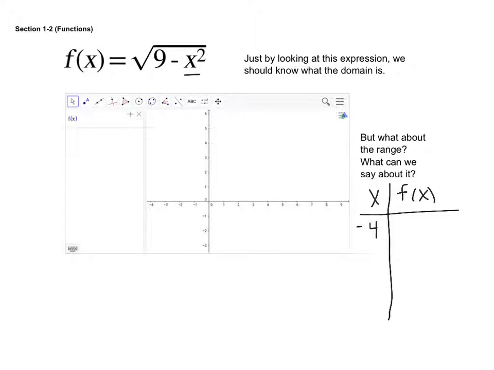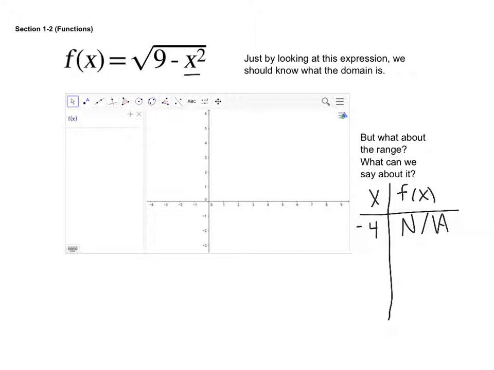So I'm taking 9 and I'm subtracting a positive 16, and that means I get a negative 7. And then the square root of negative 7 is not something I can do. So I am going to not include that in my graph. So the value of the function when x is negative 4 is not applicable.